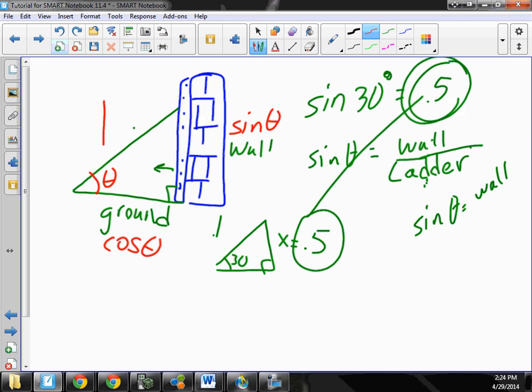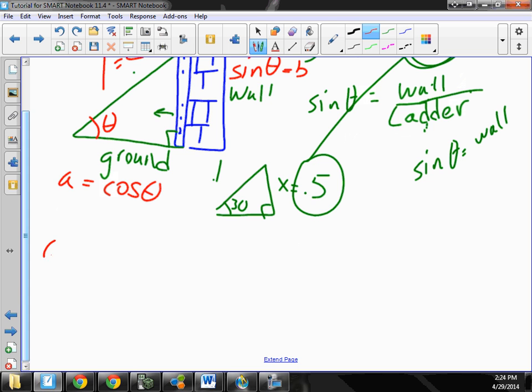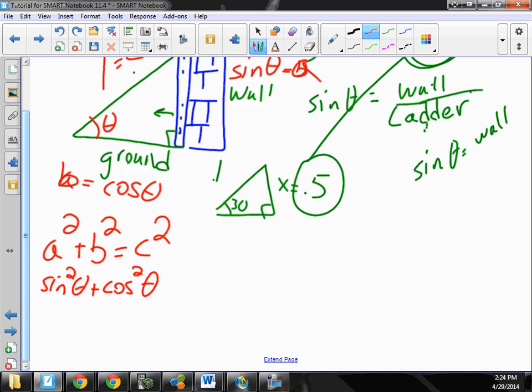So when the ladder is length 1, we have this arrangement in a right triangle, regardless of the size of theta. So this is A, this is B, and that's C. So I can take the formula A squared plus B squared equals C squared and turn it into sine squared of theta plus cosine squared of theta equals 1 squared, which is 1.